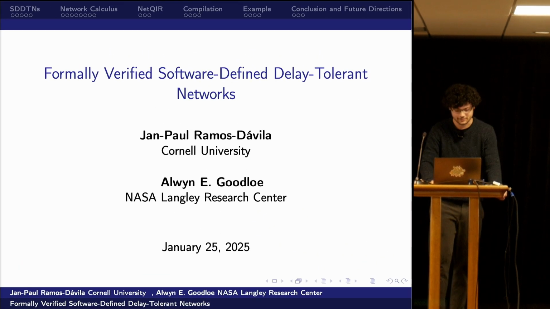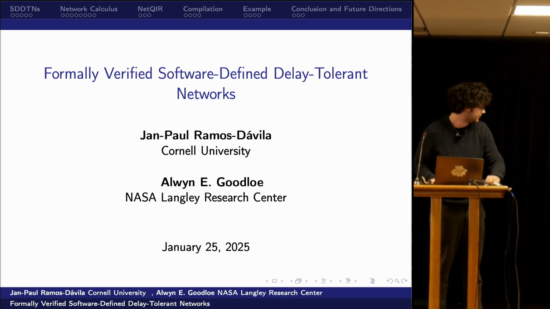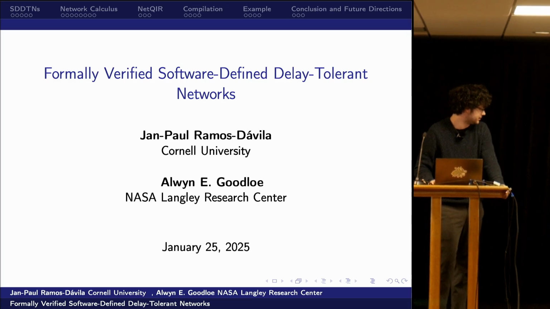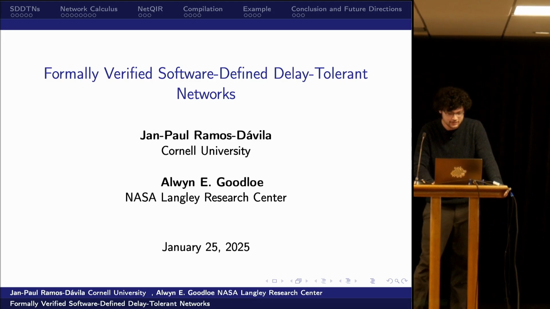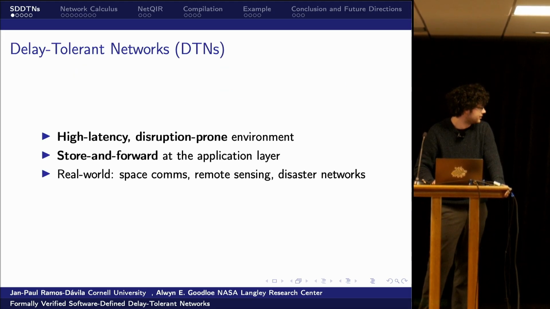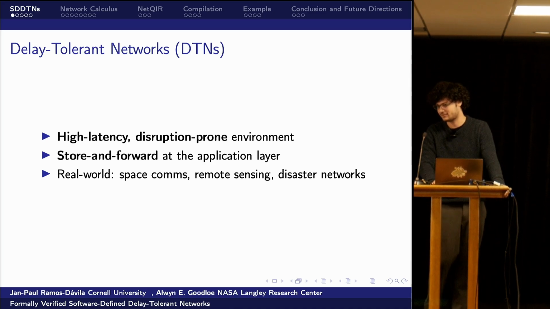All right, hi everyone. My name is Jan Paul. I'm an undergrad at Cornell, and I'm going to be showing some work I did with my advisor Alwyn at NASA Langley last summer. So this is about software-defined delay-tolerant networks, and to get there, we first have to discuss what a delay-tolerant network is.